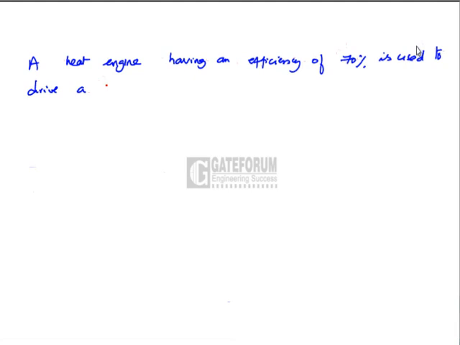Now let us consider a problem on the application of the second law of thermodynamics. A heat engine having an efficiency of 70% is used to drive a refrigerator having a COP of 5.